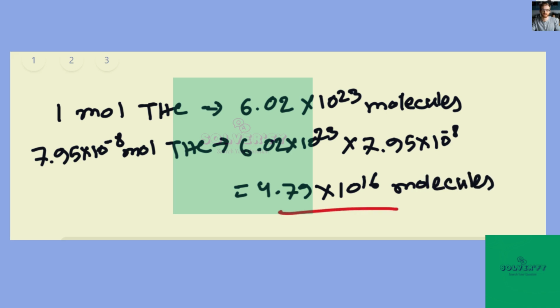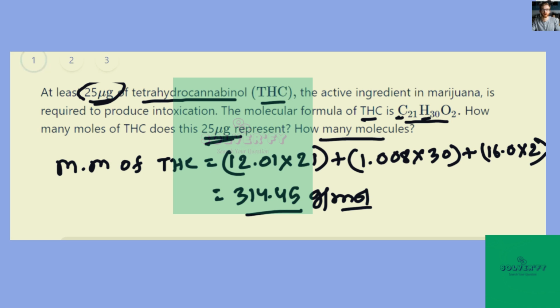So this is the number of molecules contained in 25 microgram of THC.